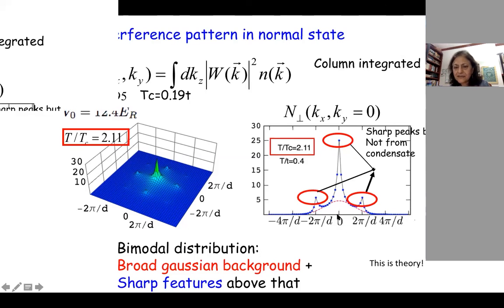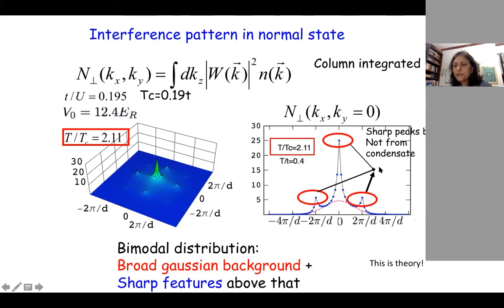So if you take a cut, then you can see that there is some background, and on top of the background, there is this sharp peak, but it is not really coming from the condensate because there's no condensate here. It is at temperatures twice the Tc, okay? So these are coming from the critical fluctuations of the system, which are controlled by the quantum critical point.